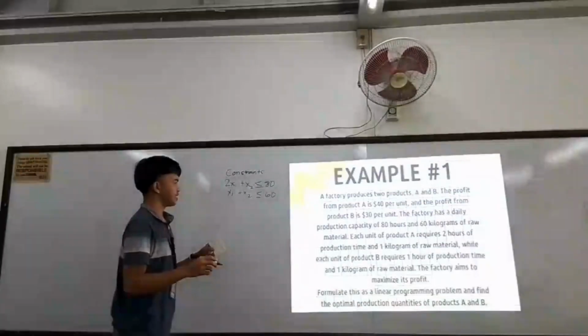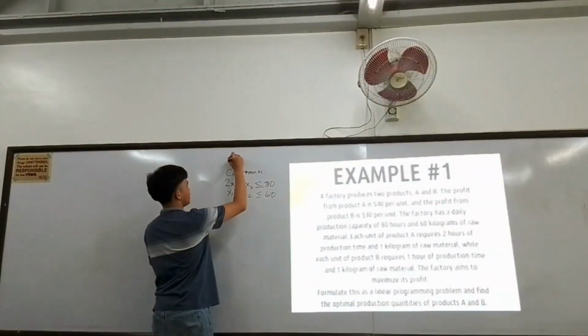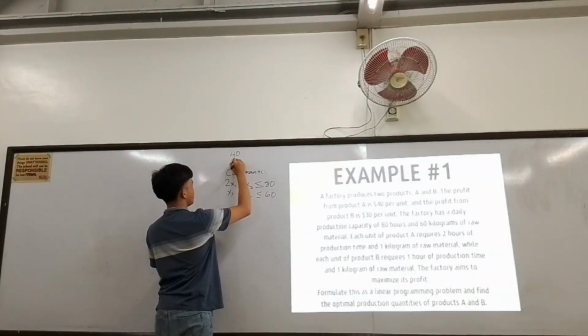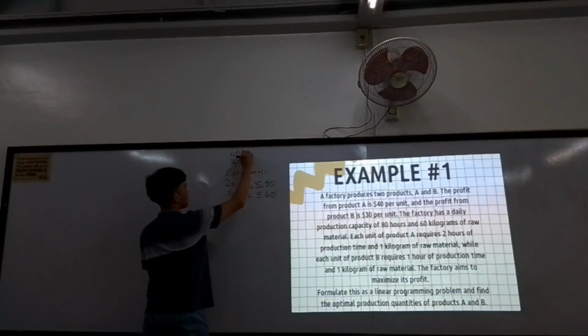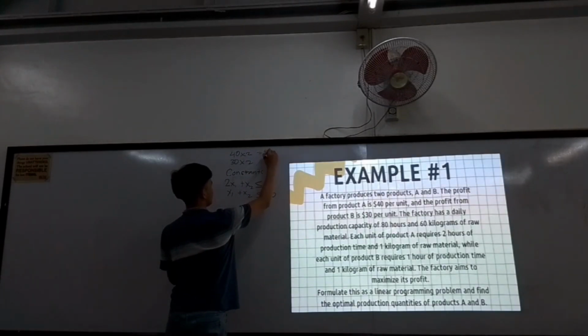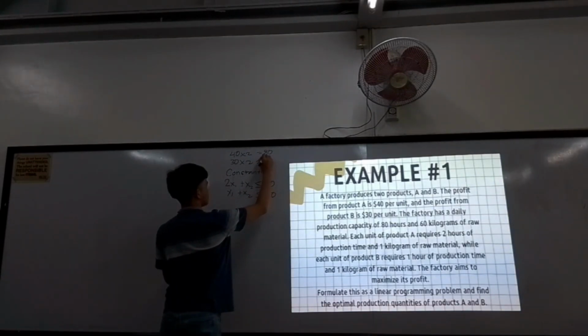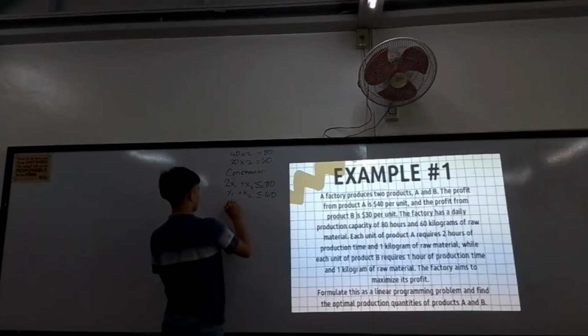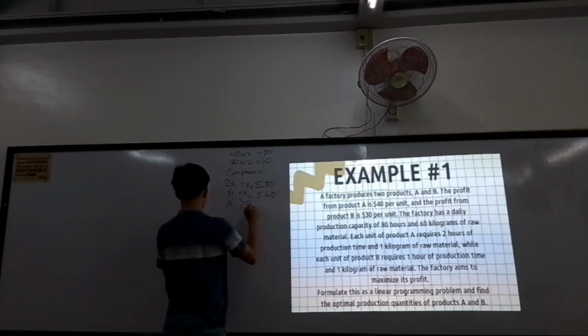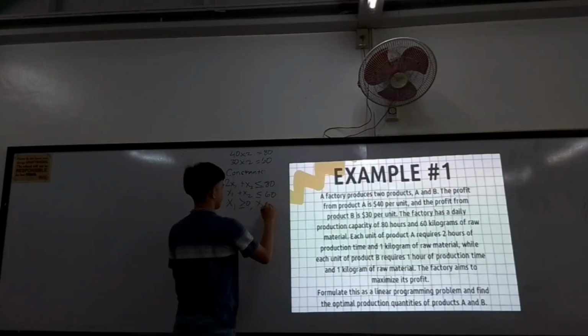So we have 60 here, since the 40 and 30 we have to multiply by 2, equal to 80 and 60. So x sub 1 is greater than or equal to 0 and x sub 2 is greater than or equal to 0.